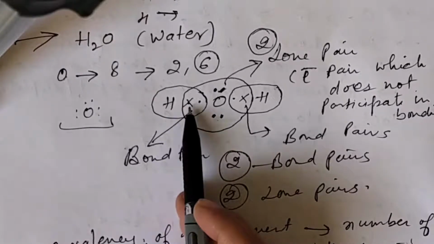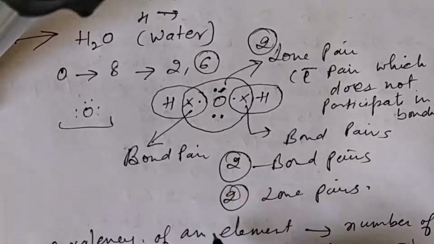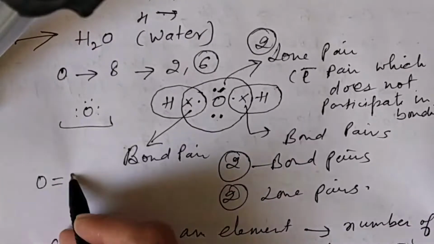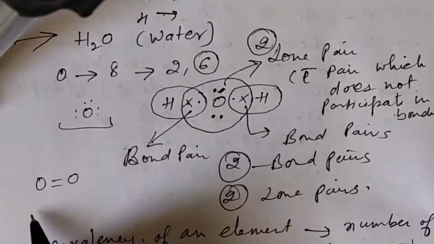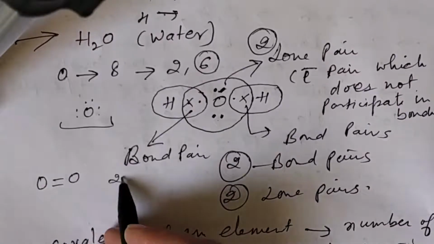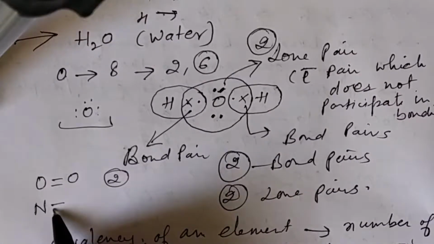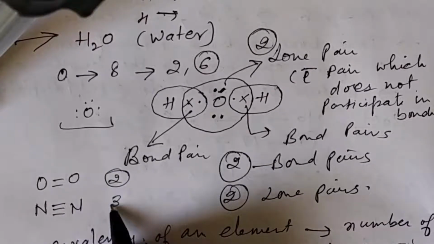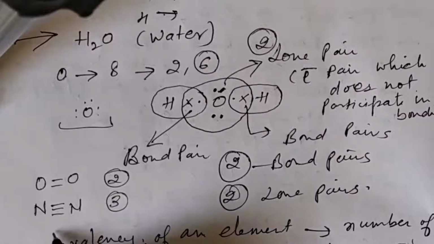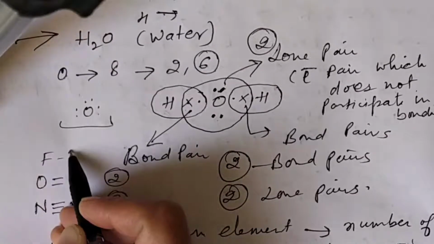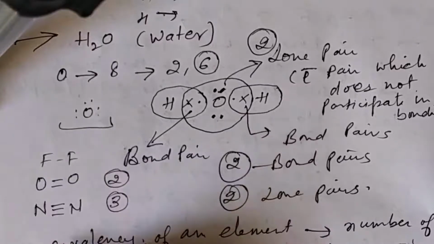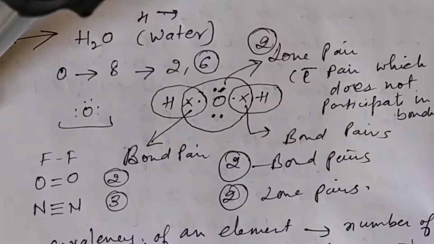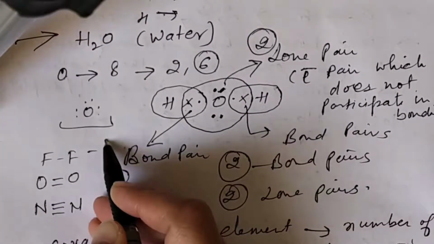If we say in the oxygen molecule, the covalency of oxygen is 2. In the nitrogen molecule, as it forms 3 bonds with each other, the covalency is 3. In the fluorine molecule, it forms a single covalent bond with each other, so the covalency of fluorine is 1.